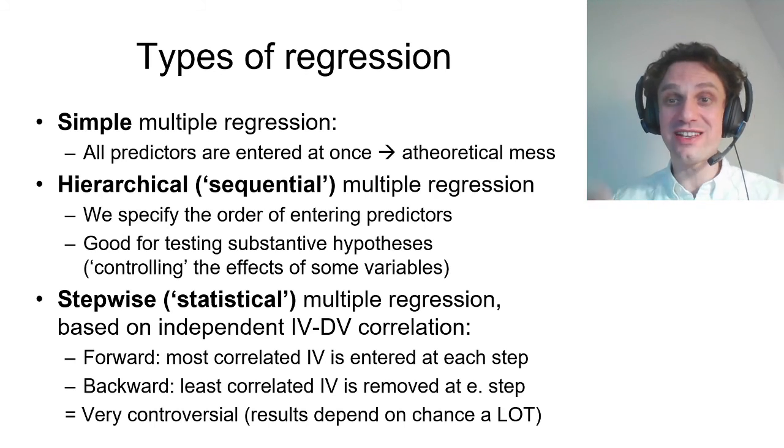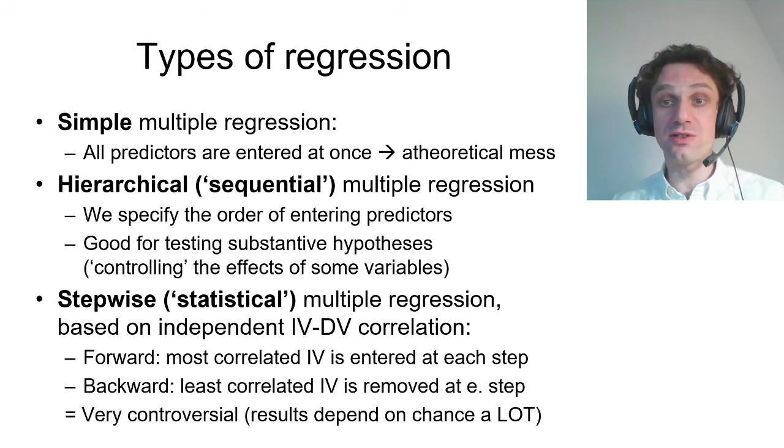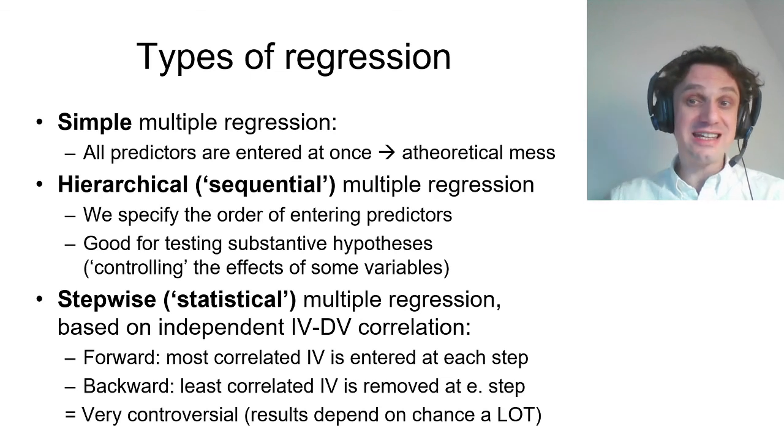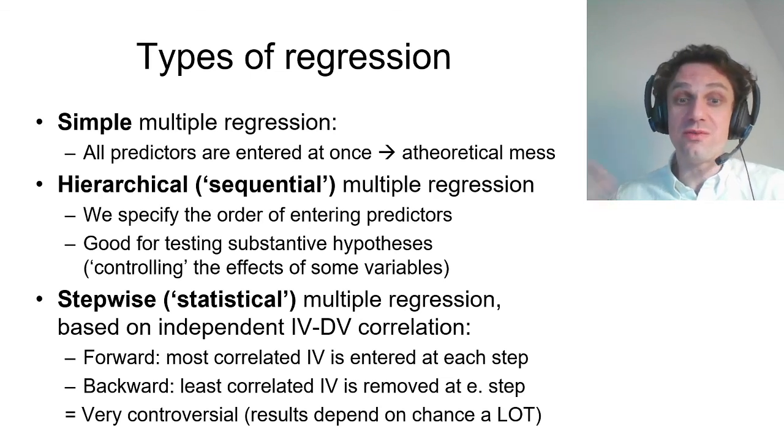So we enter predictors in portions. And basically we compare alternative regression models with and without each portion of predictors. And this is good to test some substantive hypotheses. For example, does adding an additional variable contribute more to prediction? And this is the kind of regression that we use very often in research.